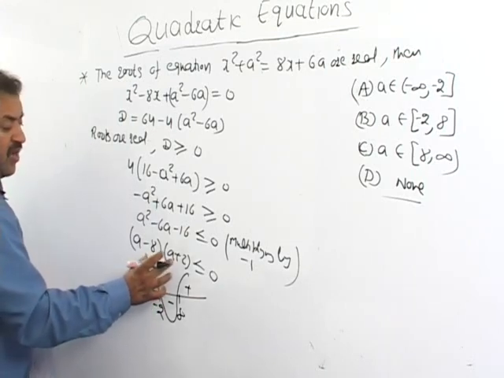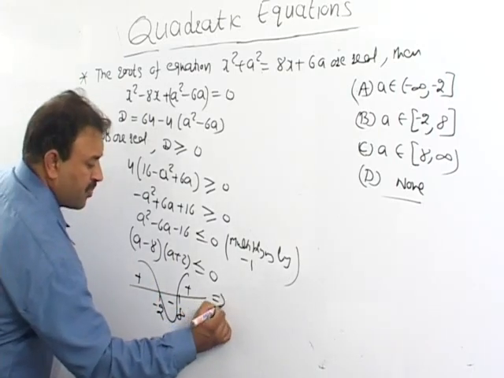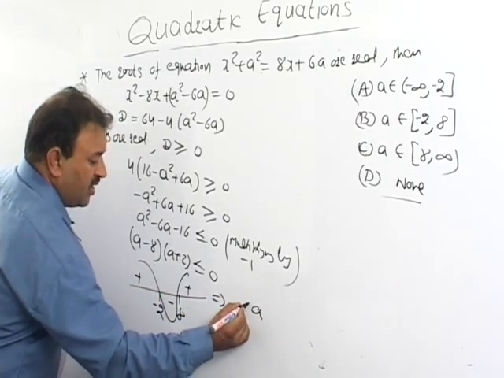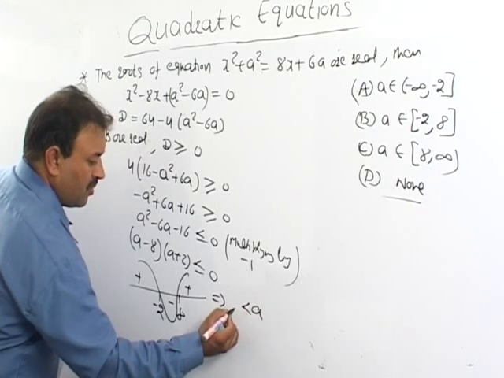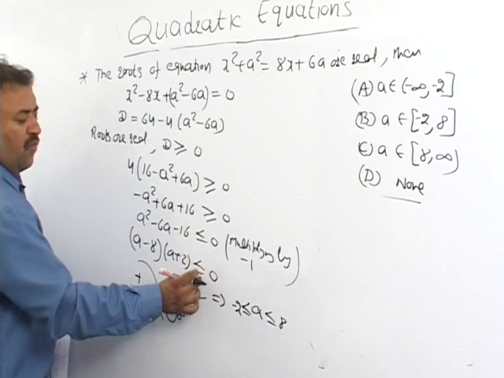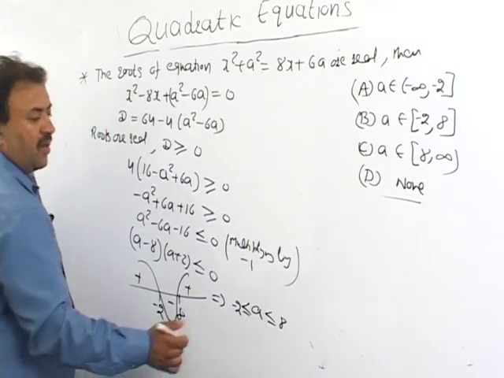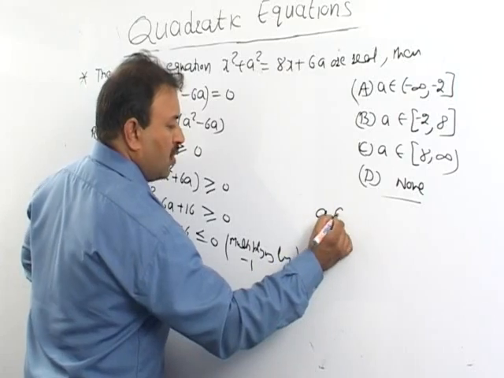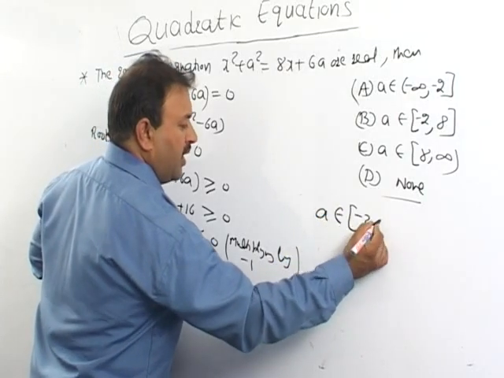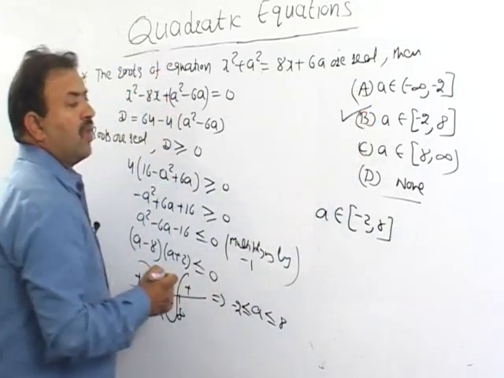We want a where this expression is negative, that means we want the value of a to lie between minus 2 and 8. Because the sign of equality is also here, we'll include the endpoints also. The result comes out to be a belongs to [minus 2, 8]. So the right option is B.